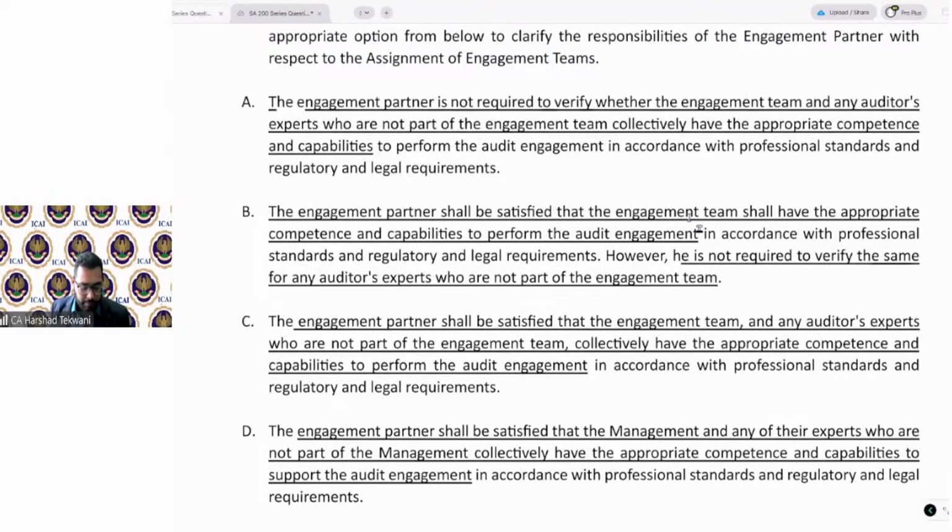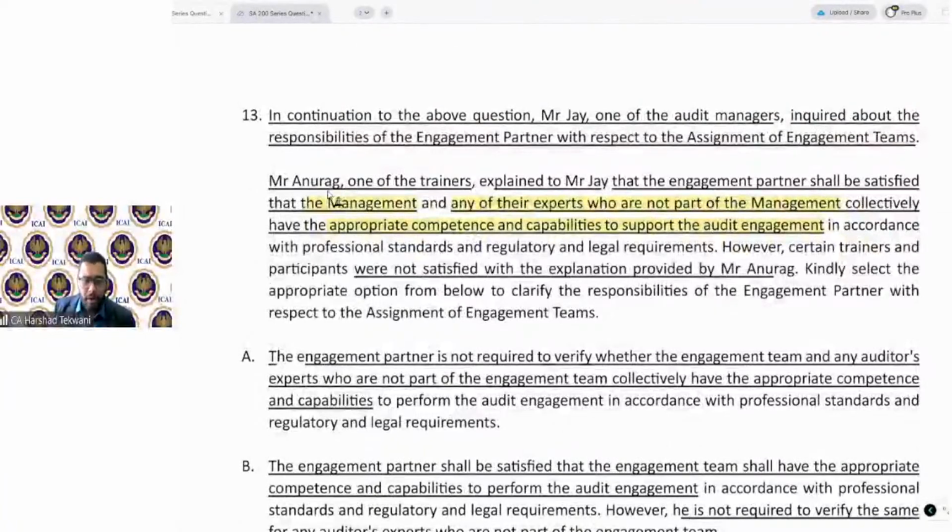Okay, let us see. Now, the first option. And before I move to the options, let's understand the question. So, Mr. Anurag, one of the trainers, explained to Jay that engagement partners shall be satisfied that the management and any of their experts who are not part of management should have the appropriate competency and capabilities. And this is with respect to the assignment of engagement teams. Now, understand one thing.